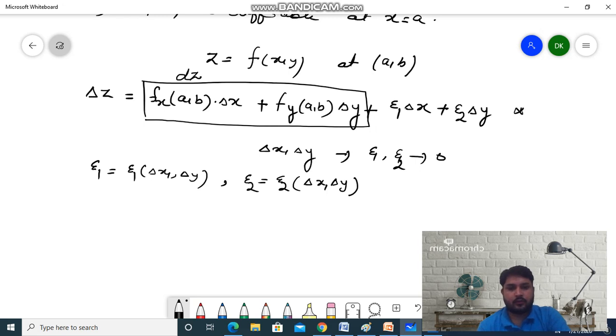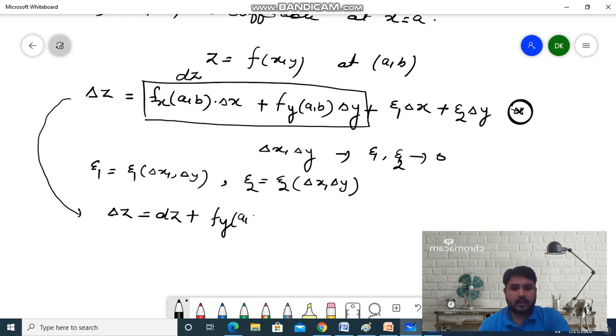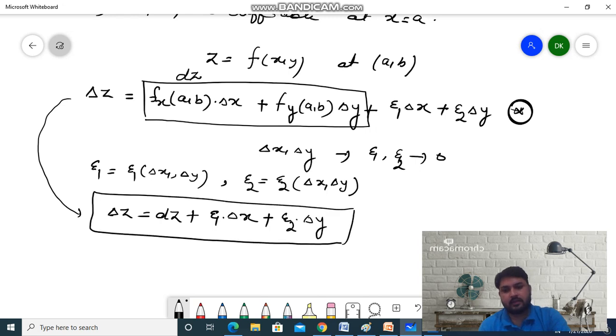So we can rewrite this equation as del z is equal to fx at (a, b) dx plus fy at (a, b) dy, this is dz, plus epsilon 1 into del x plus epsilon 2 into del y. Suppose this is equation A.